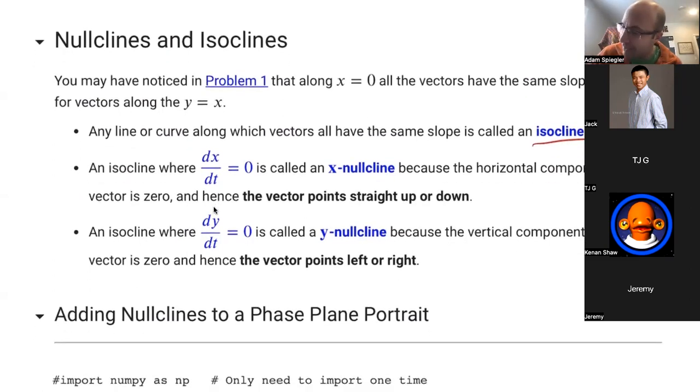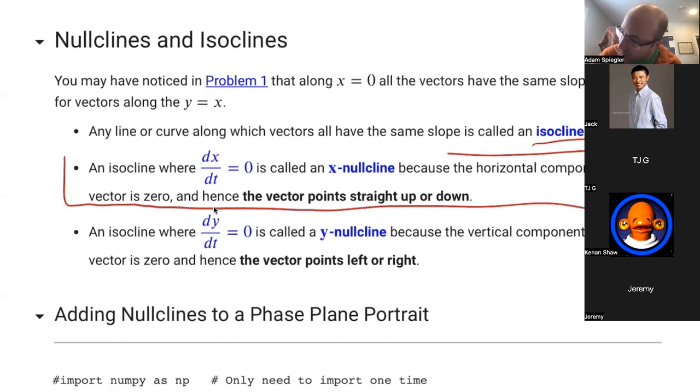So we're going to focus today on two isoclines and what they tell us about the long-term dynamics of a system of differential equations. One is going to be an x-nullcline. The x-nullcline is referring to the fact that the vector is null in the x direction, so these vectors are going to point straight up or down.